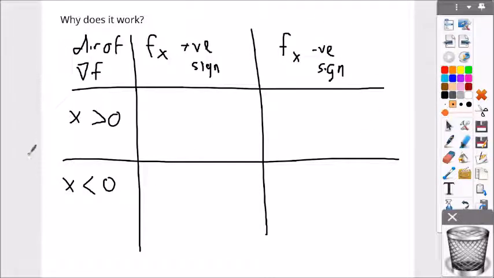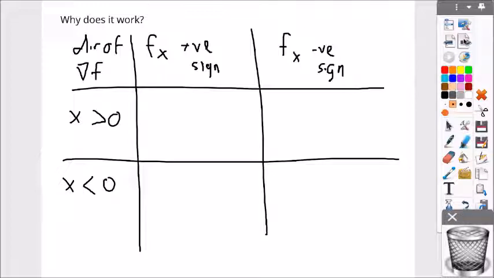Let's just focus on f sub x and x. You could apply the same argument for f sub y and y. So if your f sub x has a positive sign, for example 2x right here, then we're increasing when x is greater than 0, right?